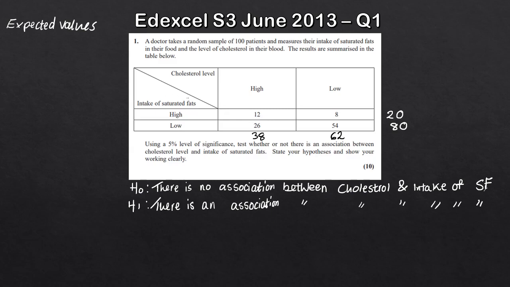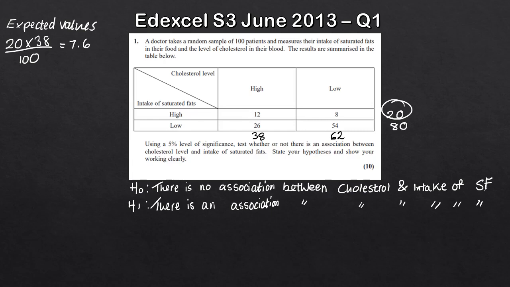Well, it's just going to be the row total, so 20, times by the column total, which is 38, and then we're going to divide it by the sample size. So the doctor takes a random sample of 100 patients, so we divide that by 100. Put that into your calculator, and what you get there is 7.6. Okay, so that's that expected value.